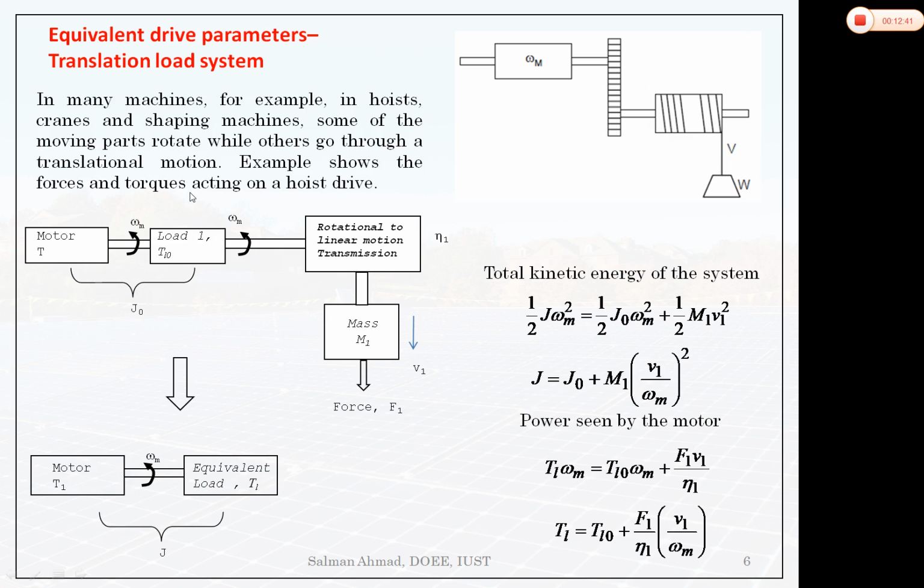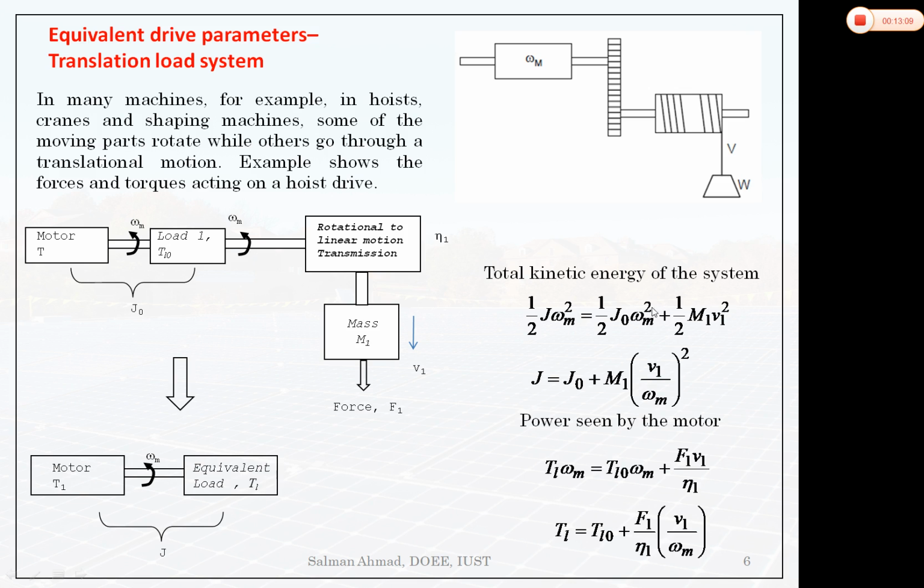Then what will be the kinetic energy of this system? The motor load has moment of inertia J naught, so we have half J naught omega m square plus the kinetic energy associated with mass m1, which is moving with velocity v1. So half m1 v1 square.